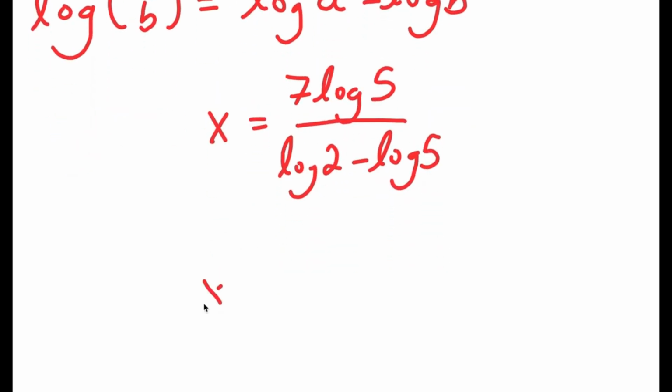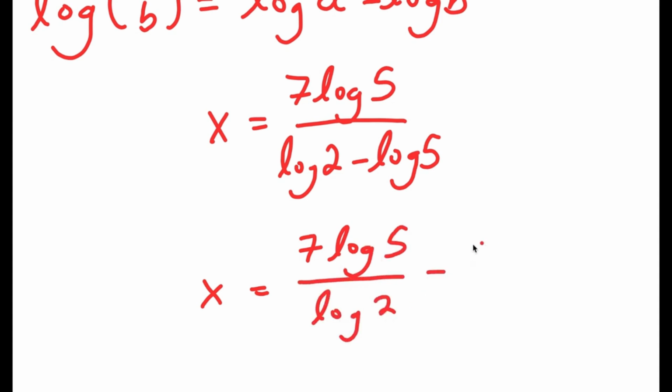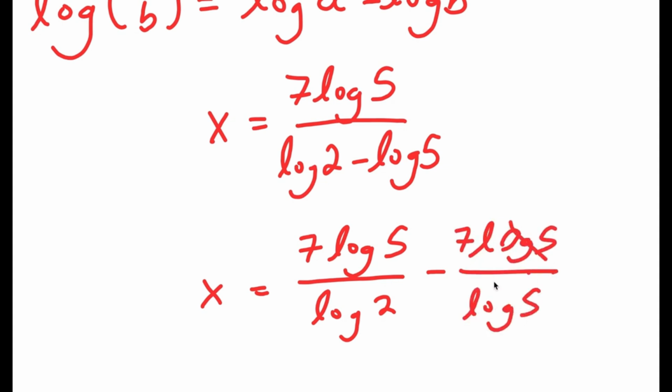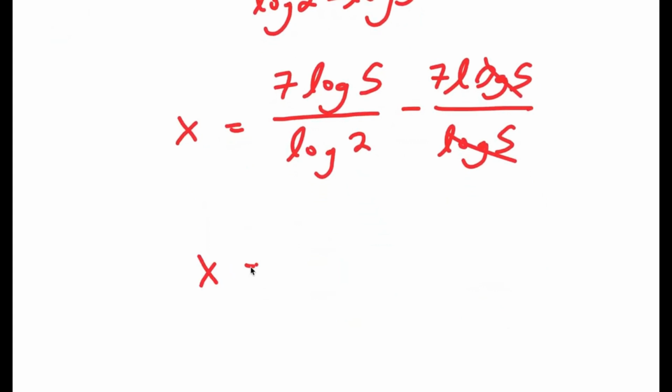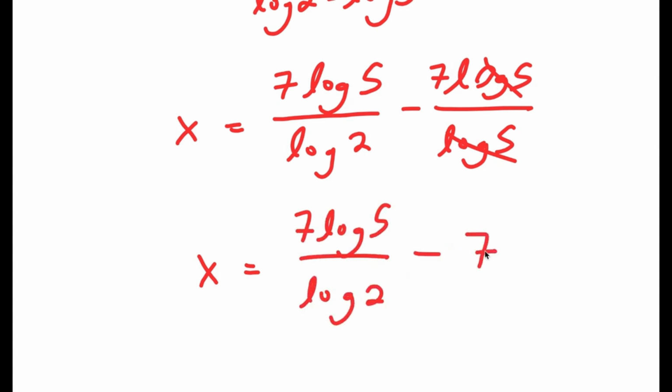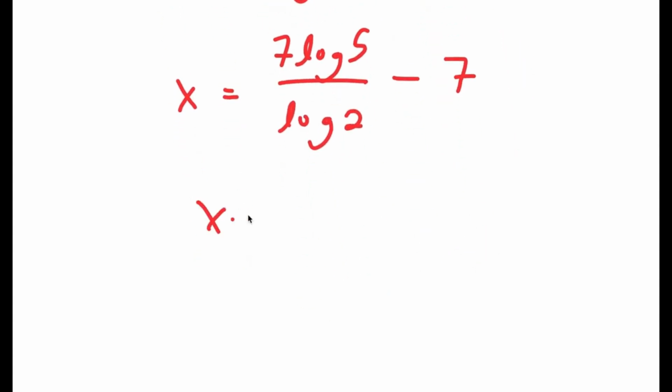And now from here, I get 7 times log 5 over log 2 minus log 7 times log 5 over log 5. And these two cancel out, so I get 7 times log 5 over log 2 minus 7. And this is the same thing as 7 log base 2 of 5 minus 7.